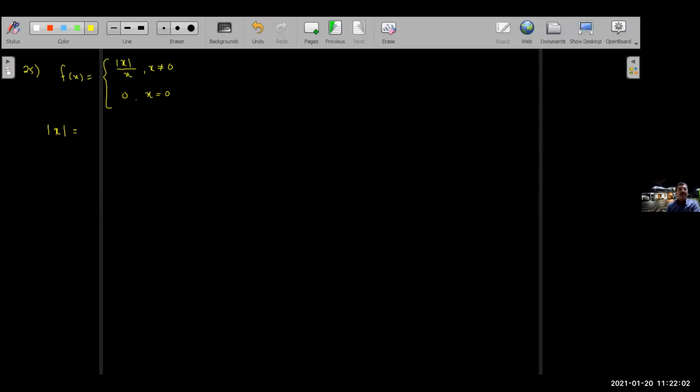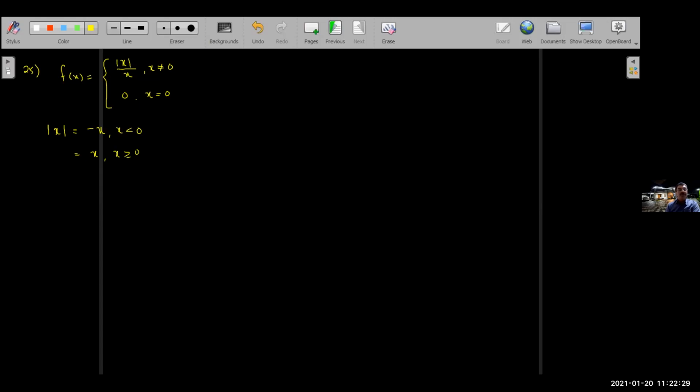This is minus x if x is less than 0, and x if x is greater than or equal to 0. That means the modulus function takes two values. Towards left of 0, it is minus x, right of 0, x. X not equal to 0 means it can be left of 0 or right of 0.